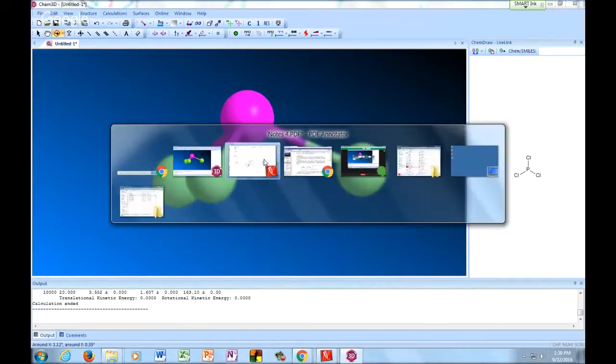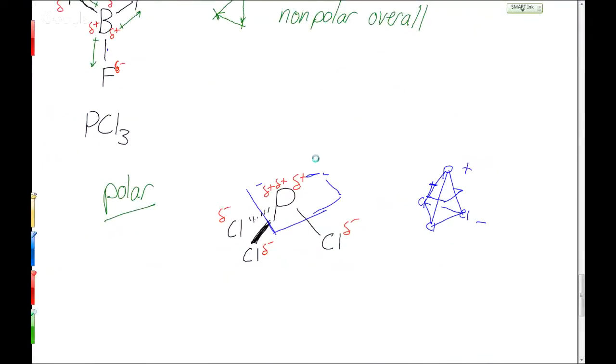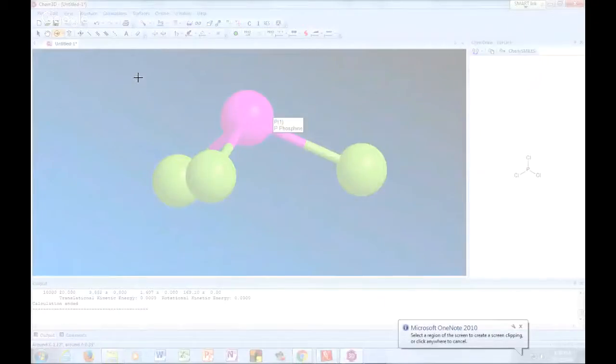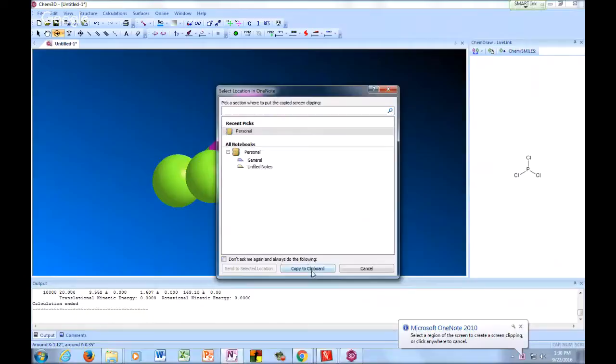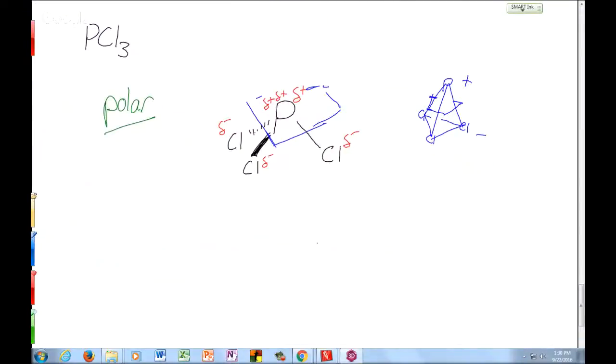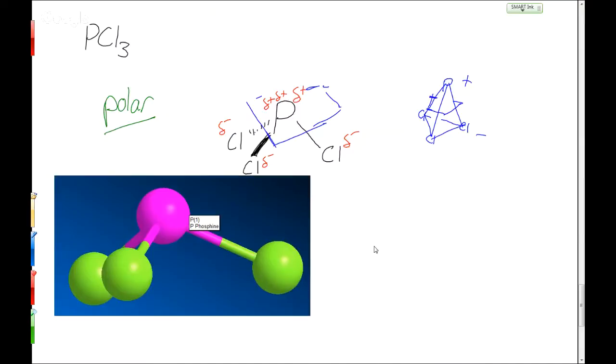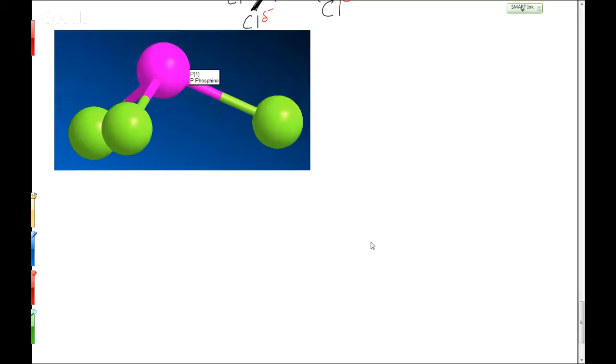All right. In fact, just so we have that, if anybody needs it, let's copy this picture over to the notes. Okay, so that's the shape of that one.